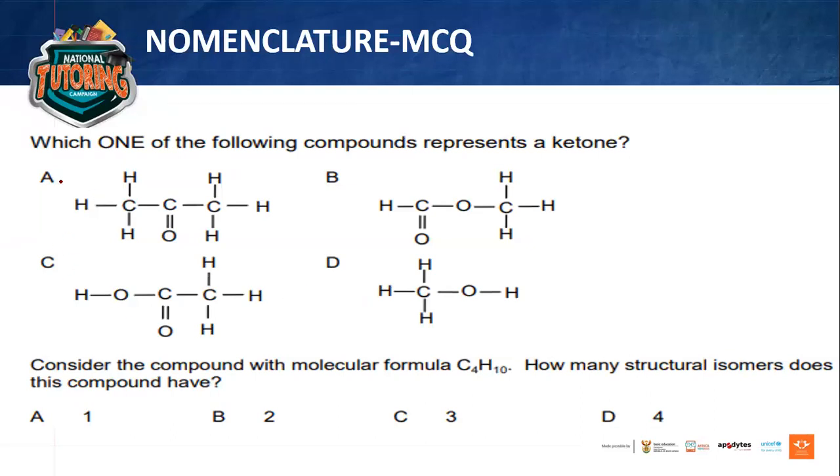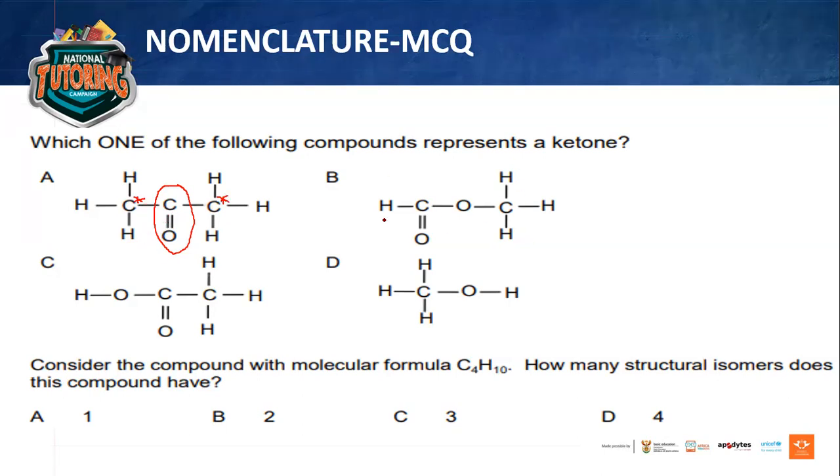So let us look at option A. And remember, carbonyl group is exactly the C double bond O. And this C double bond O is between this carbon and this carbon. So it's between these 2 carbon atoms. So this is definitely a ketone.